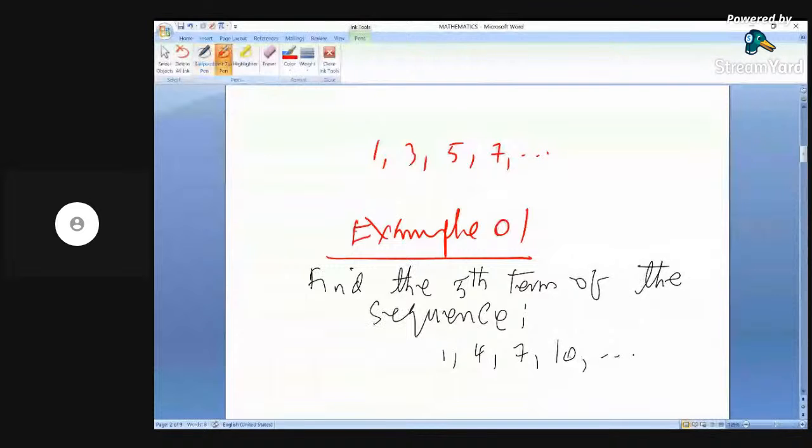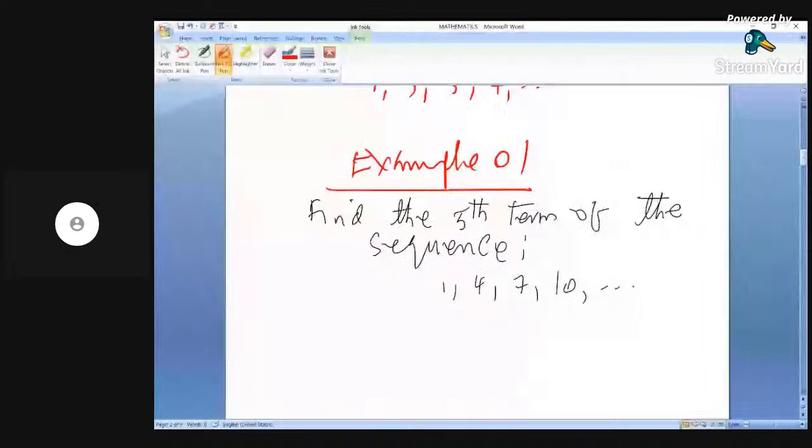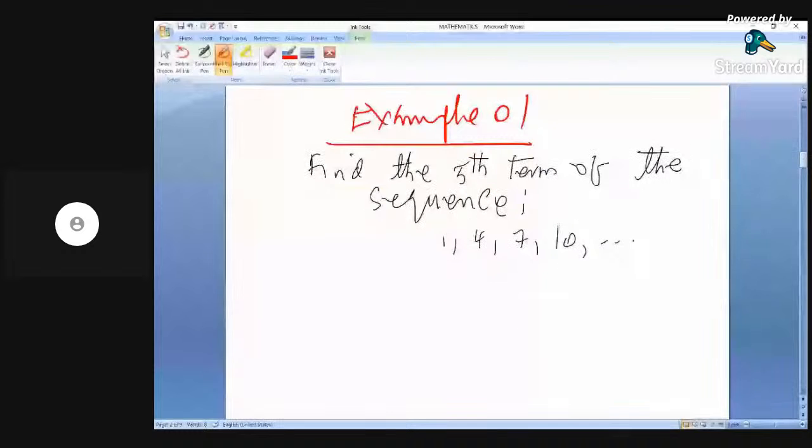Being given such a sequence, you can easily see that there is a difference of 3 between two consecutive terms. So the next term after 10, we add 3, and so the next number is going to be 13. That is the fifth term, because the first one is 1, second one 4, third one 7, fourth one 10. So the fifth one is going to be 13. That is example number 1.